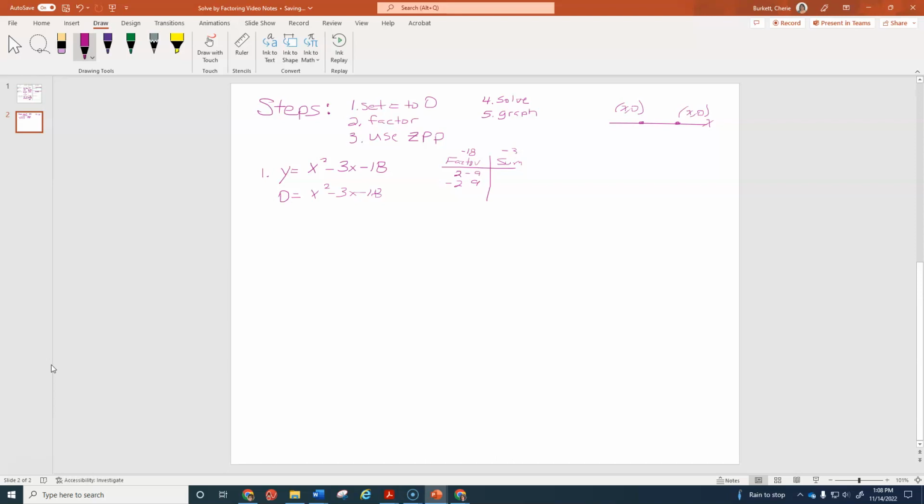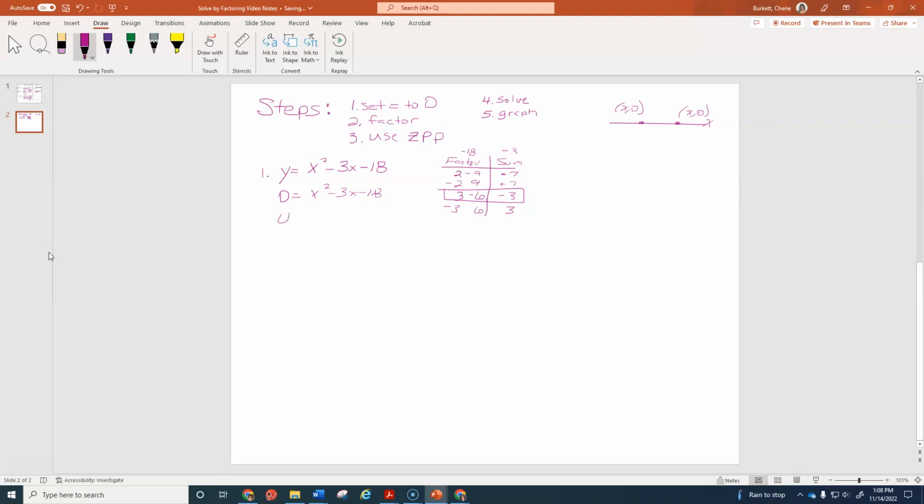Those multiply together to give me negative 18, but I don't think they're going to be our answer, because the sums are going to be negative 7 and positive 7, and we're looking for a negative 3. So I need to think of other factors of 18, 3 and 6. I could use a positive 3 and a negative 6, or a negative 3 and a positive 6. Let's check those sums. This will have a sum of negative 3. This will have a sum of positive 3. So this is the pair that I want right there.